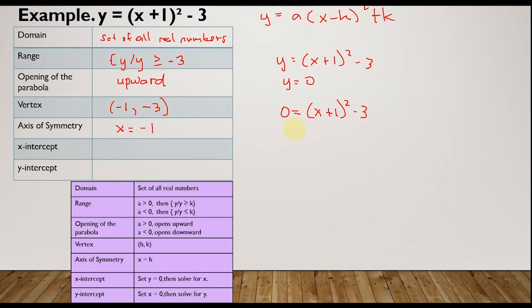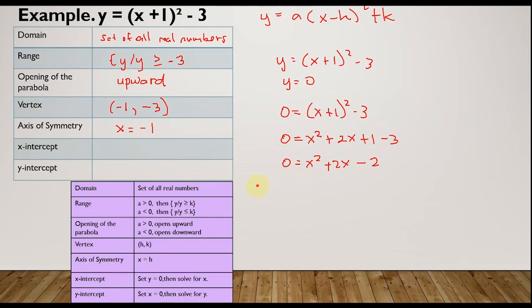Then we can have 0 equals x squared plus 2x plus 1 minus 3. And this will give us 0 equals x squared plus 2x minus 2. Now, since this is in the standard form, we're going to apply methods in solving quadratic equations. Since this is not factorable, I'll be using the quadratic formula here.